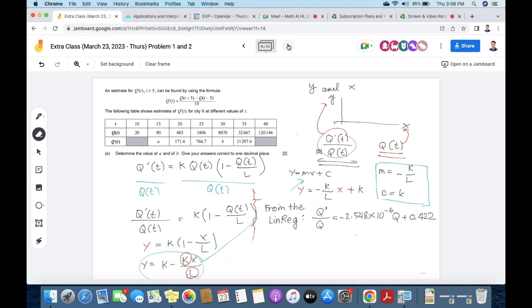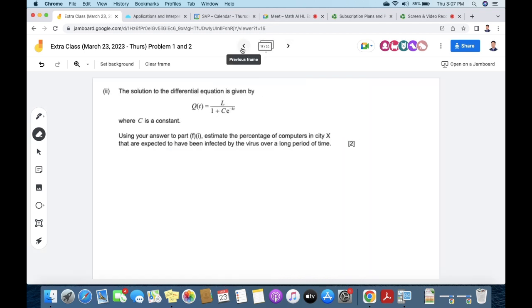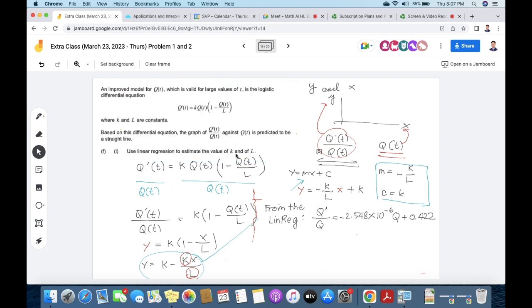So we now have the equation, but what we are trying to find here is the value of K and L. Since we have prepared it ahead of time, we know already that this particular value, 0.422, is simply the y-intercept.